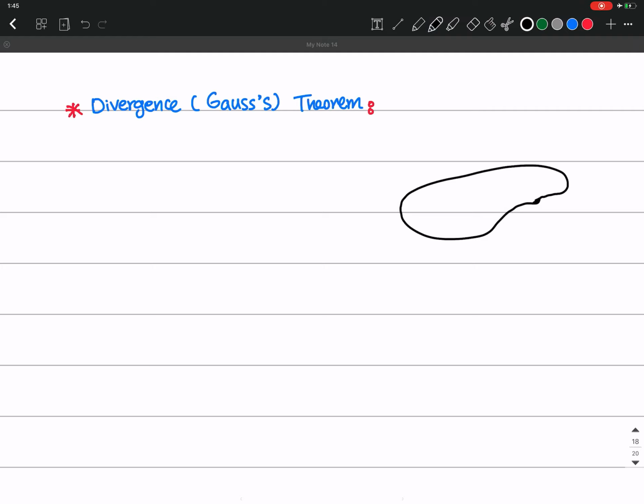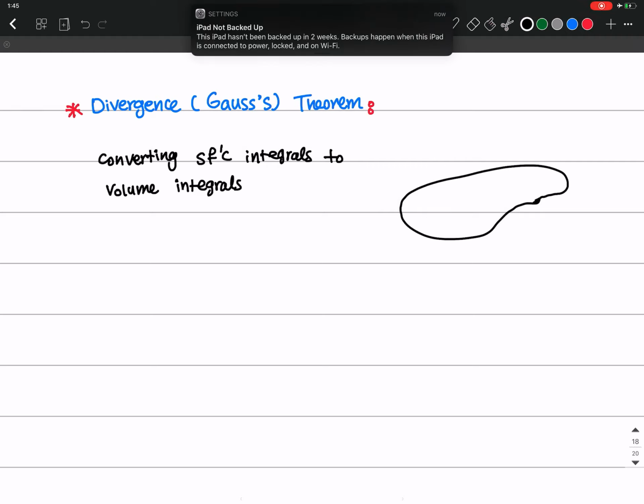What this theorem is actually doing is converting surface integrals to volume integrals. And we would need that when we want to convert the momentum equation and continuity equation in integral form into differential form.